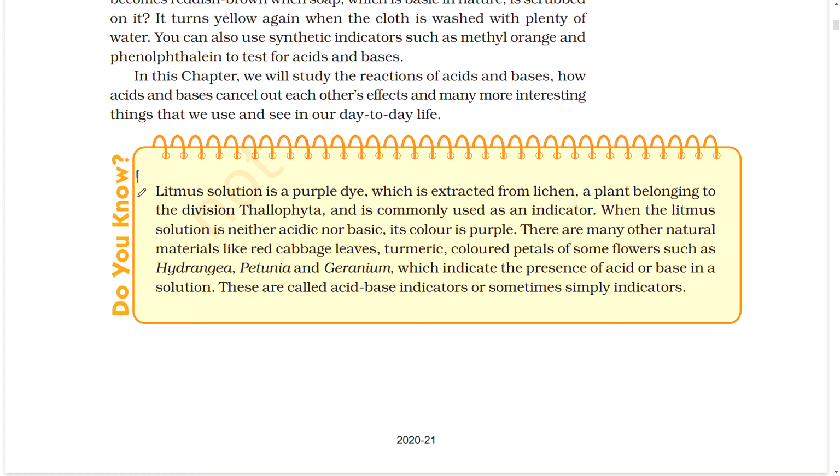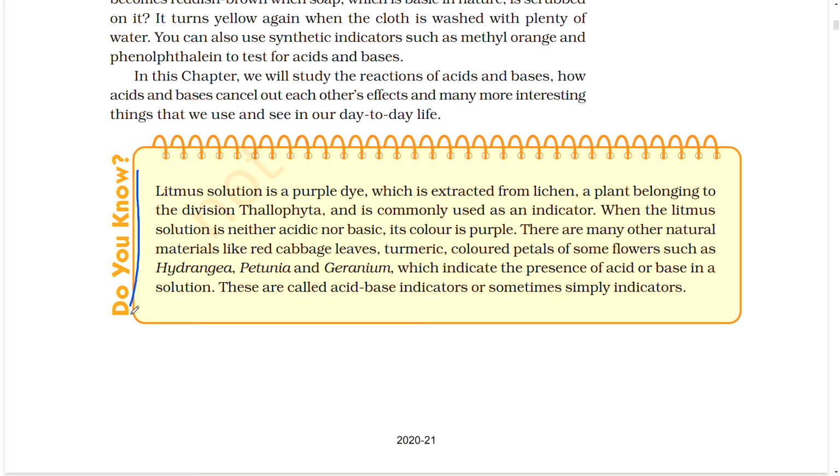Do you know? Litmus solution is a purple dye which is extracted from lichen, a plant belonging to the division Thallophyta, and is commonly used as an indicator. When the litmus solution is neither acidic nor basic, its color is purple.